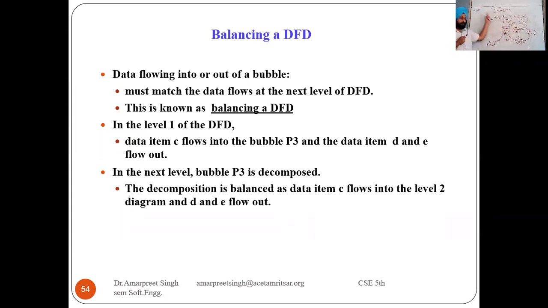Again, in the first level of DFD, the output was the result. In level 3 also, the final output is the result. So this is known as the balancing of a DFD. We have to take the balancing of DFDs into account. It is a very important concept.